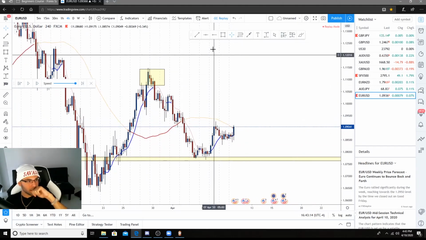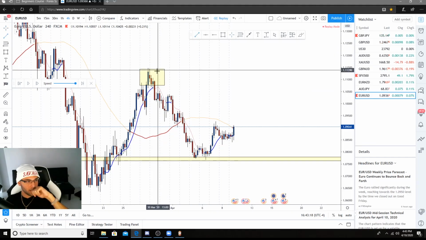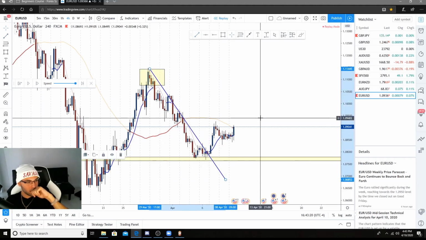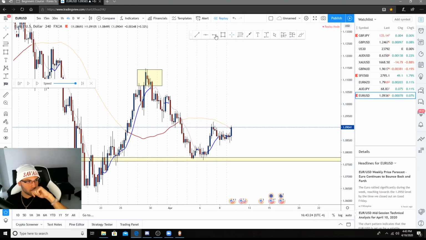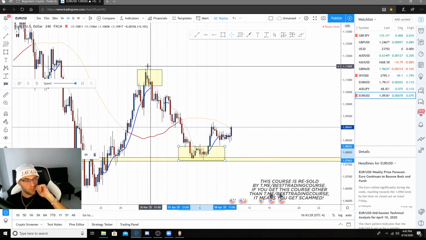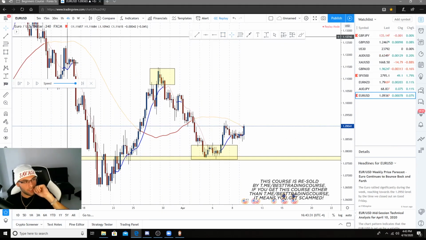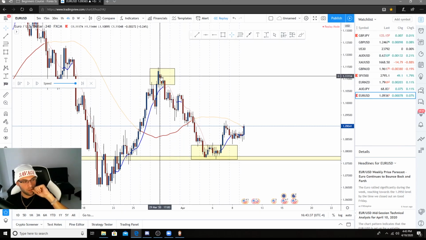And as you guys can see, we did create a high, and then we started to channel again to the downside before doing the side channel. Boom. So we downtrended, down channeled, consolidated, side channel, then we had an up channel.